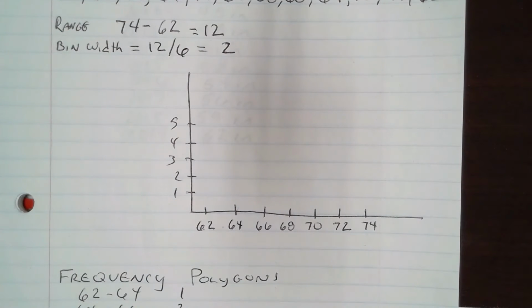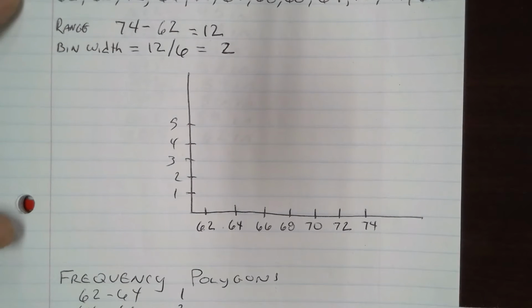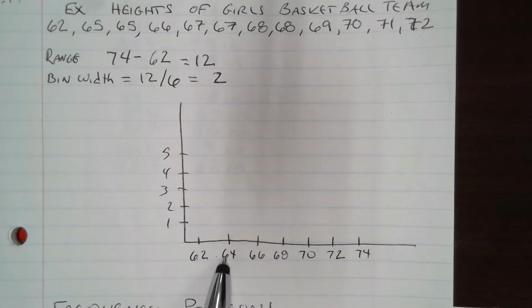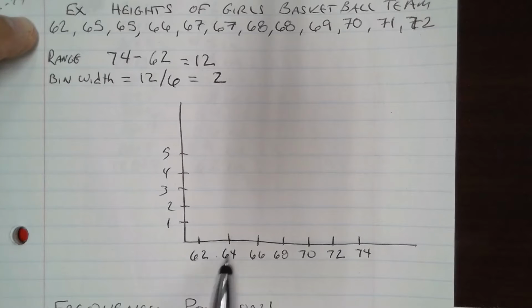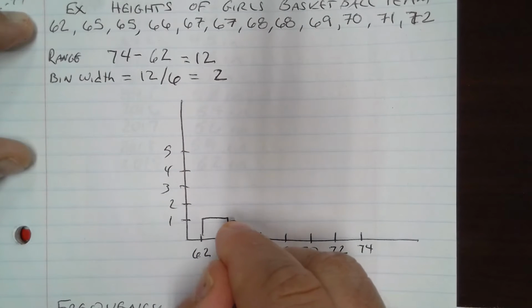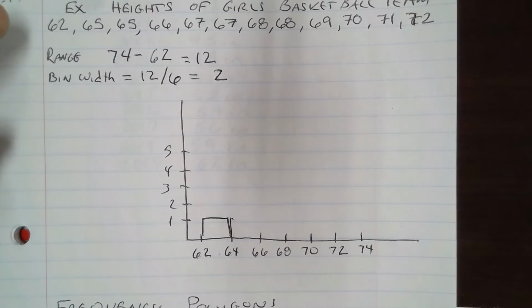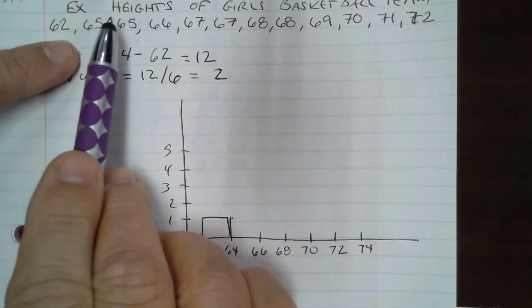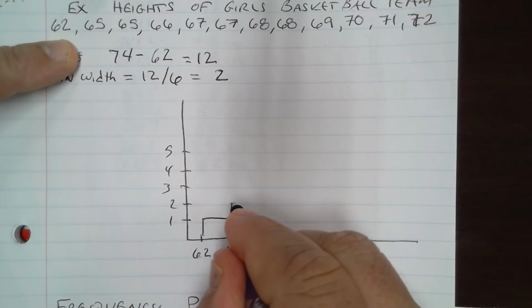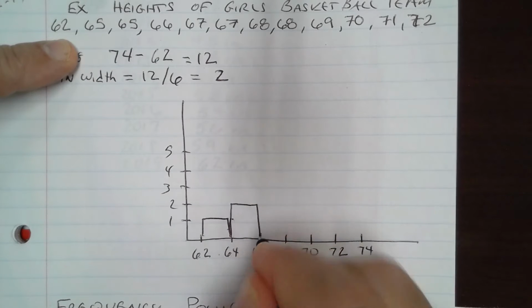I don't know how many I need, but I'm going to go at least 5. Then I start counting. From 62 to 64, not including 64, how many do I have? 1. So I draw my first bar at 1. Then from 64 to 66, not including 66: 2. And my bars are touching, right?